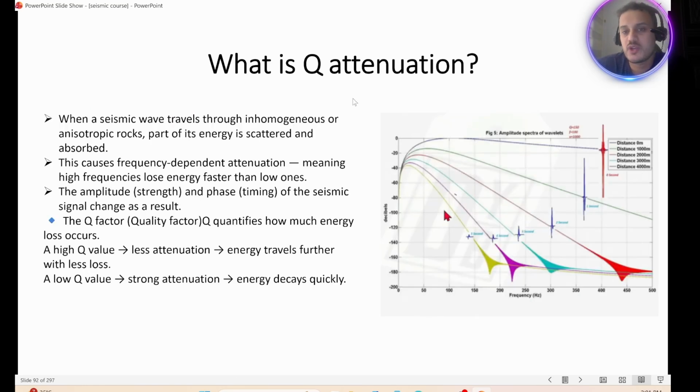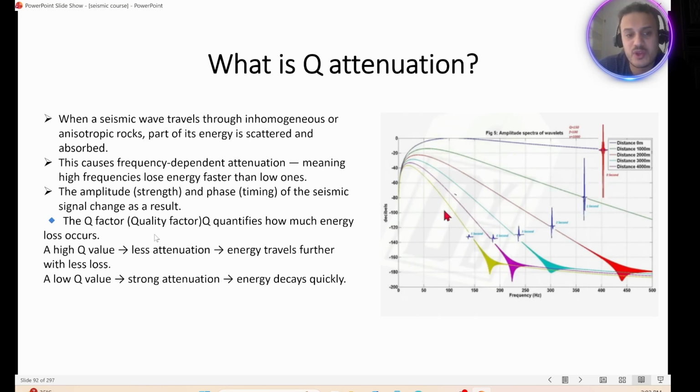So we have the Q attenuation. When the seismic wave travels through inhomogeneous or anisotropic rocks, part of its energy is scattered and absorbed. This causes frequency-dependent attenuation, meaning high frequencies lose energy faster than low ones. The amplitude, the strength, and the phase timing of the seismic signals change as a result.